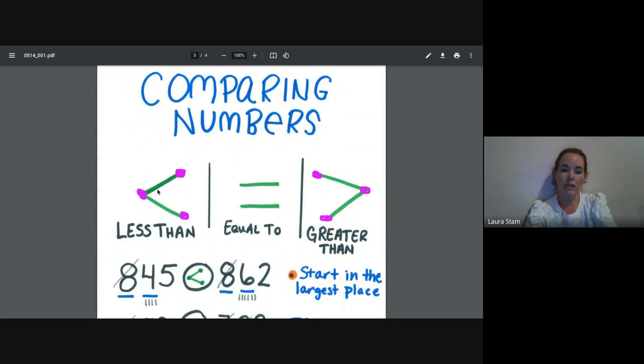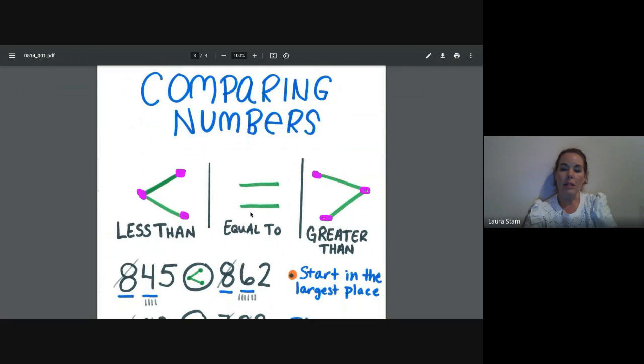So we have this first symbol, and it's called less than. What this means is that anything on this side of this symbol will be less or smaller than anything on this side of this symbol. And so we would say that this side is less than that side.